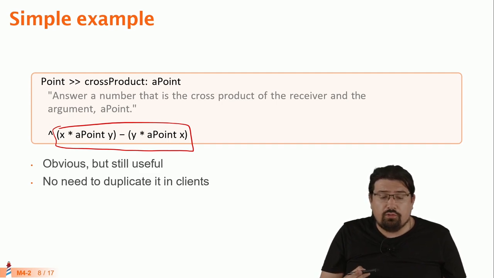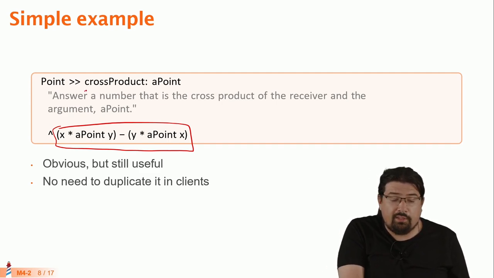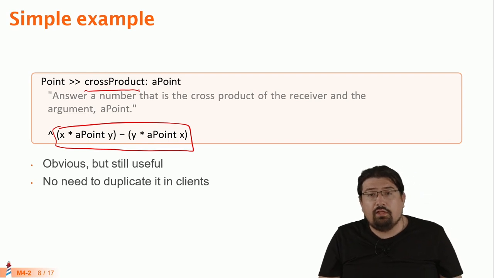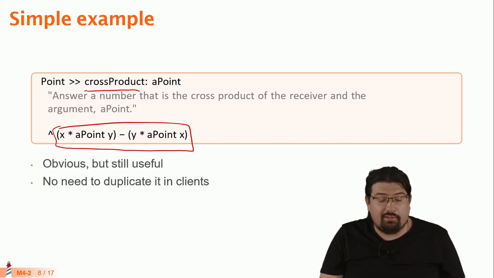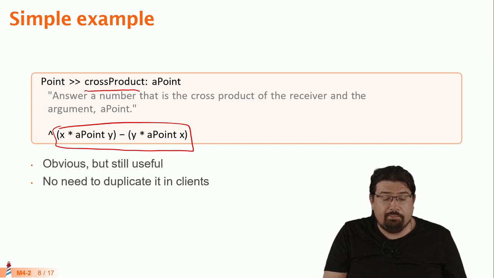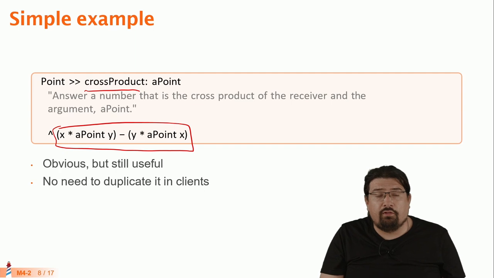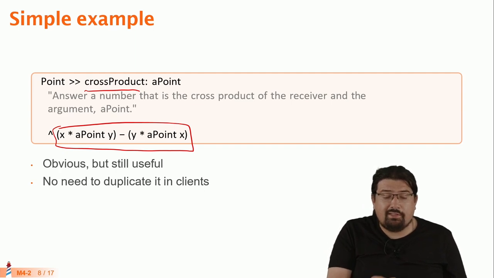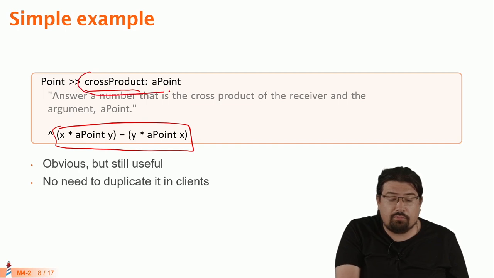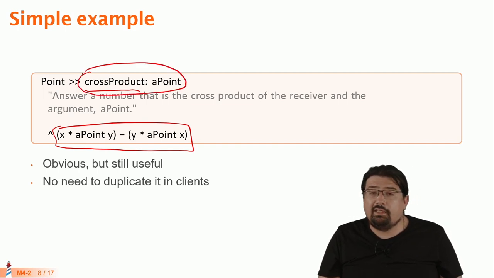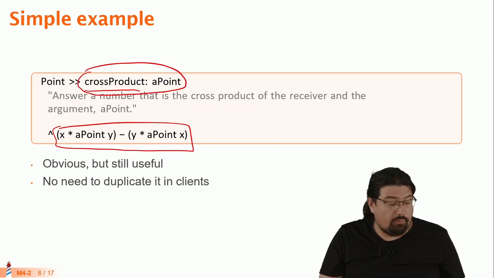We can use it without knowing the implementation. The client does not know how to implement it. We don't need to duplicate it, and more, when we see the calculation of the cross product, it's not evident to the reader of the code that it is the cross product, but when we see the sending of the message cross product, we see clearly that we are doing this operation.